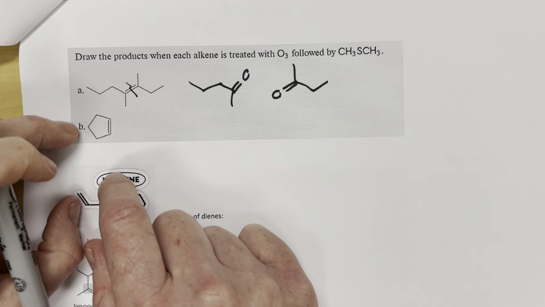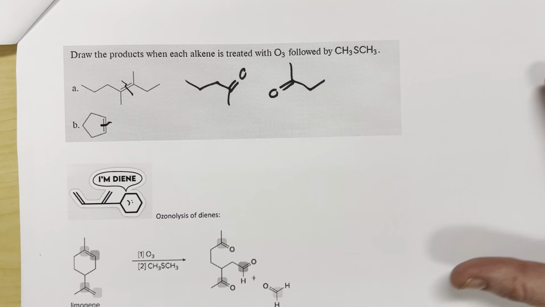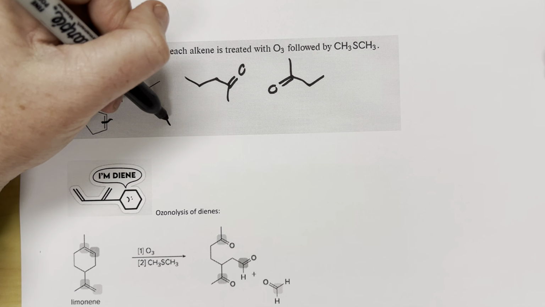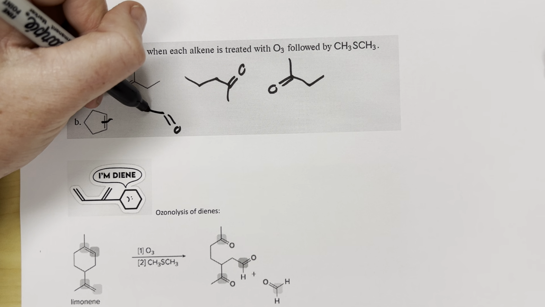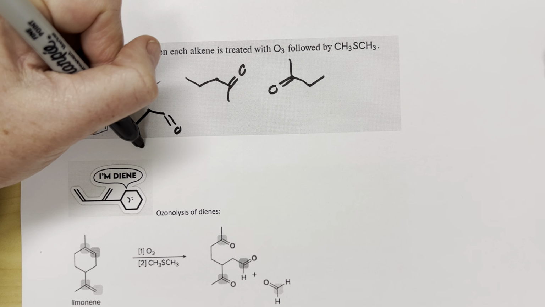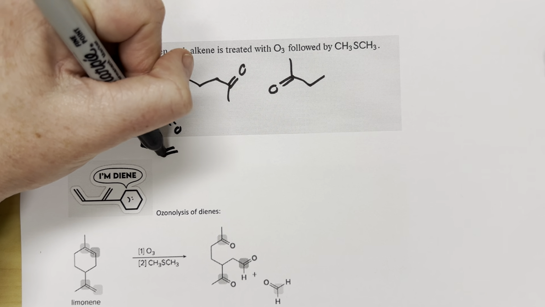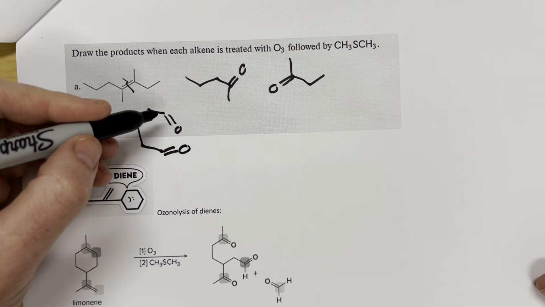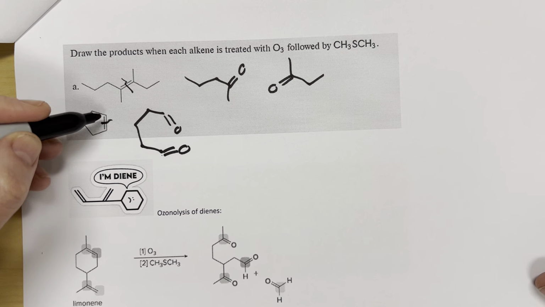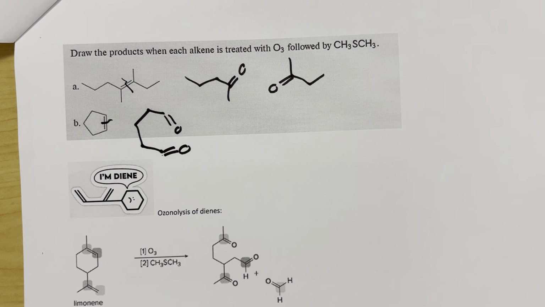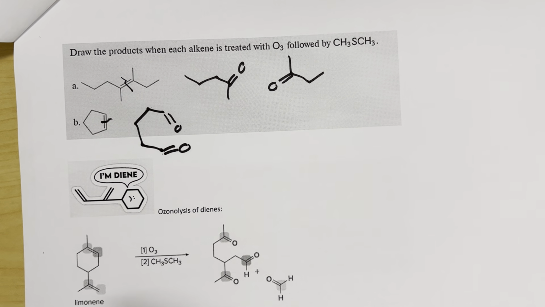Even if they're attached, that's okay. You're still breaking them apart. You're not going to detach them, per se. But you can still draw them like this. And count the carbons, 1, 2, 3, 4, 5. And then we had 5 there, so that should be good. You just redraw it with the double bond broken and oxygen on either side.